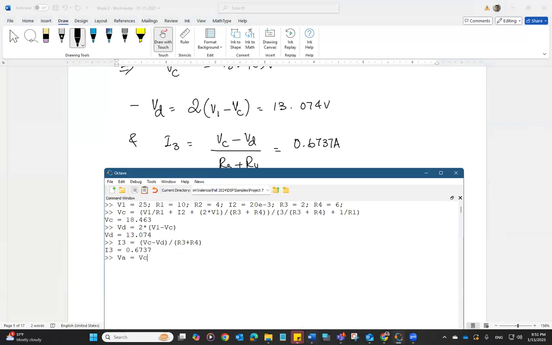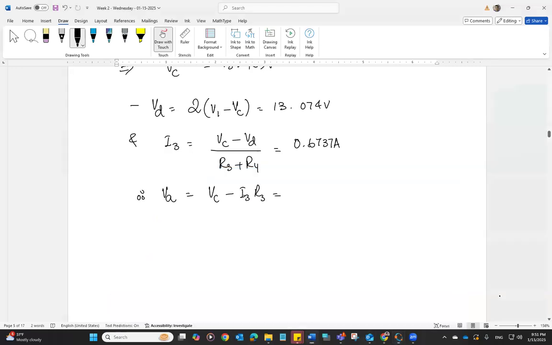VA is equal to VC minus I3 times R3, which is 17.116 volt, and that's your open circuit or Thevenin voltage.